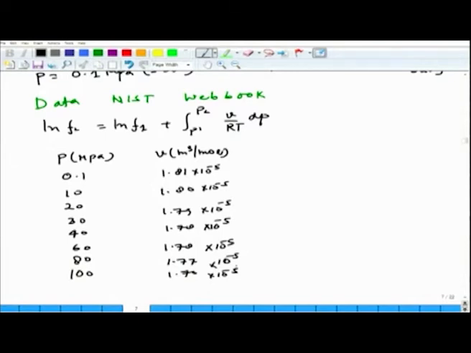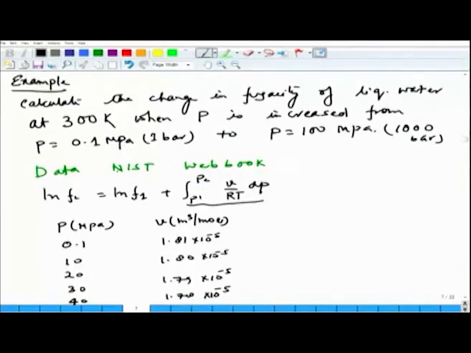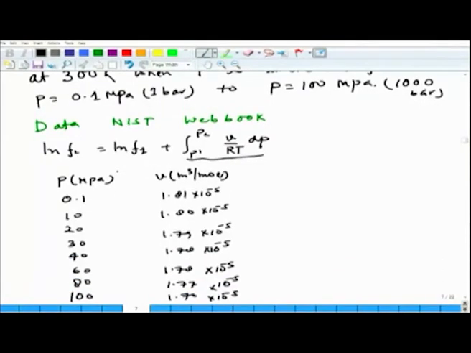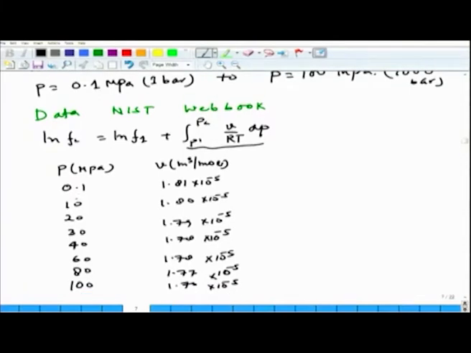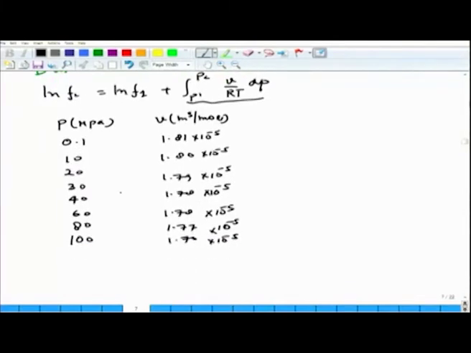Now, what is the value of this integral? Since it is being asked the change in fugacity, not the value of the fugacity, we can consider 0.1 megapascal as a reference. If we consider this as a reference, then we should be able to find the fugacity ratio at 10 megapascal with reference to the fugacity at 0.1 megapascal. These are the values of the integral, and this would be your f2 by f1.